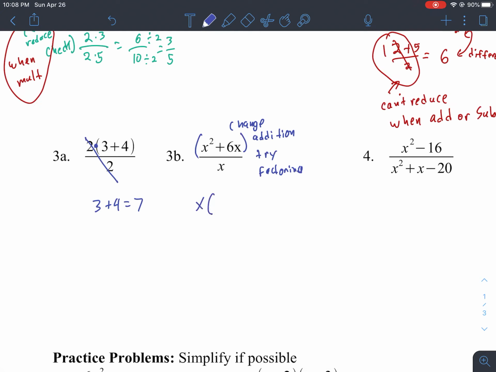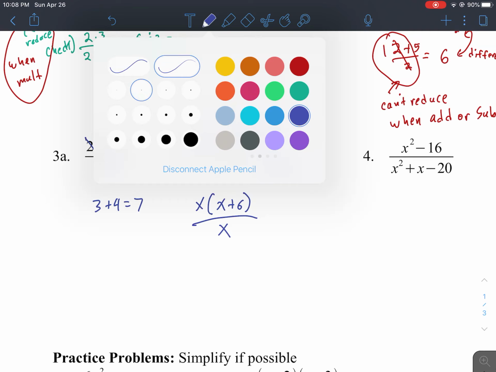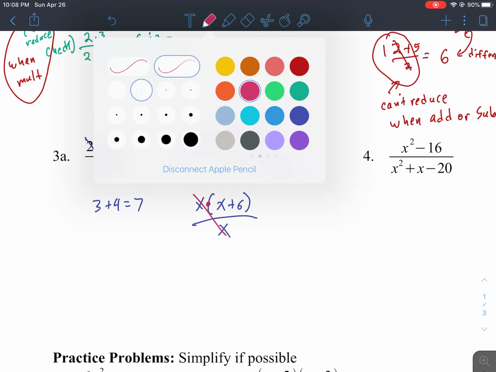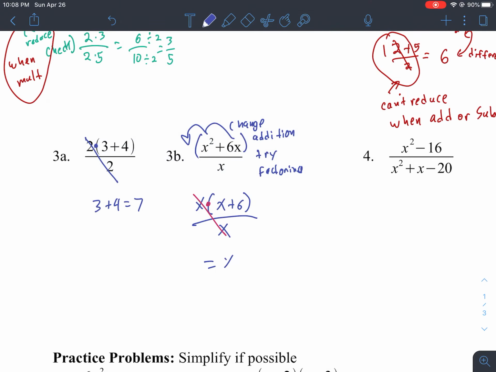Factor out an x times x plus 6 over x. All right. Can you reduce these x's? No, because of this addition. Can you reduce these x's? Yes, because of the multiplication. So our final answer is x plus 6.